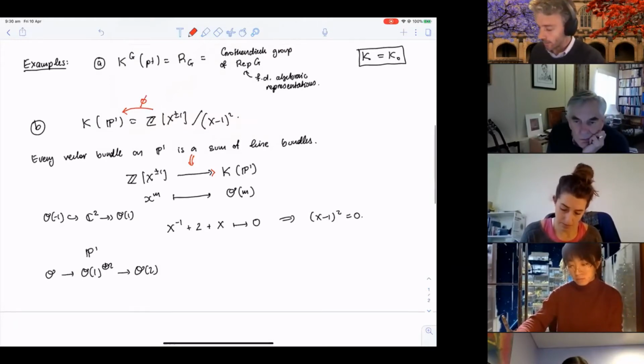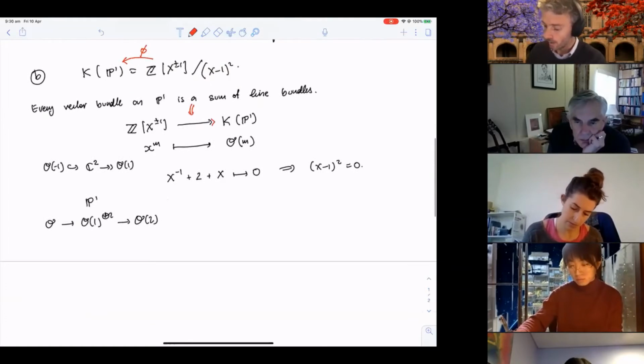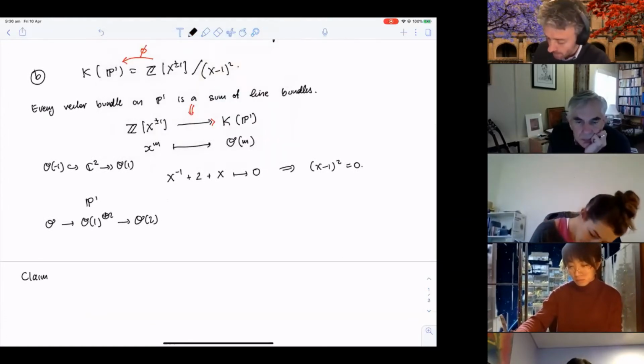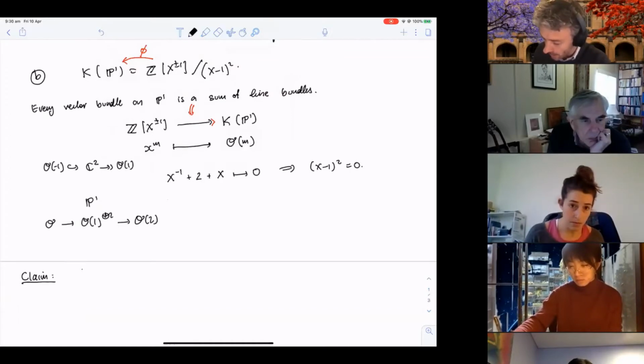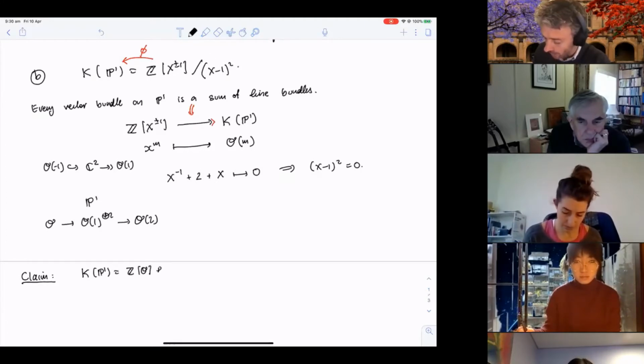And the fact that this is an isomorphism follows from the following claim, that K theory of P1 is freely generated by the structure sheaf and O of 1.